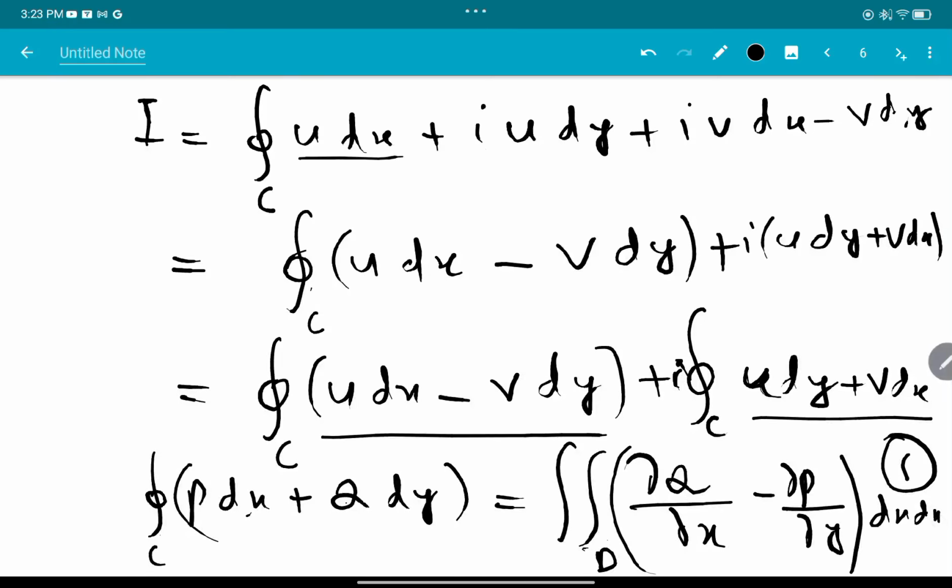So with this, we will be using this theorem first for this, then next for this. But before that, let me do one thing.